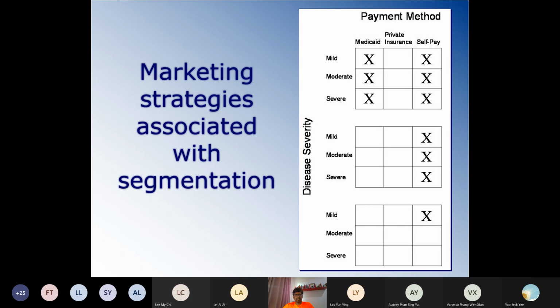So you do that, and accordingly you choose the market segmentation and also the characteristics of that segmentation, and you strategize how to reach them based on the disease severity and the payment methods, and which segment is better. So this segment looks better when compared with others.